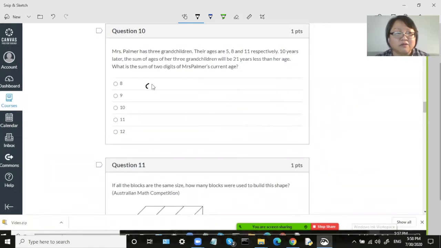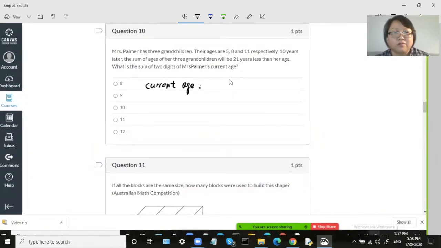Okay, the 3 grandchildren are 5, 8, 11. So 10 years later, the three grandchildren's ages would be 15, 18, 21.